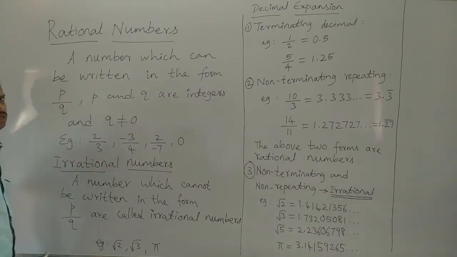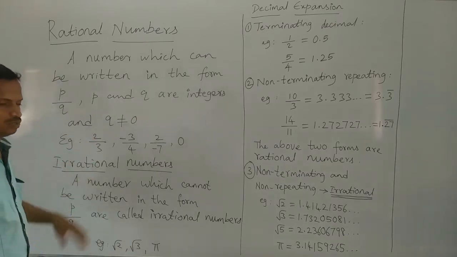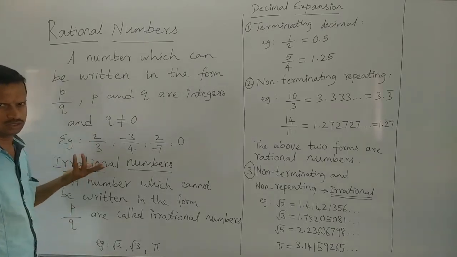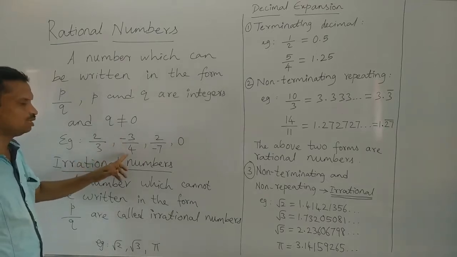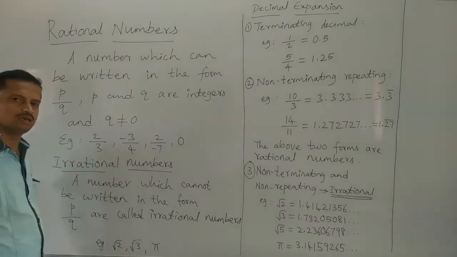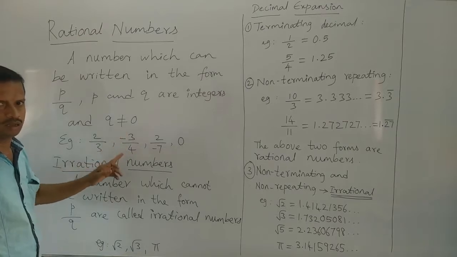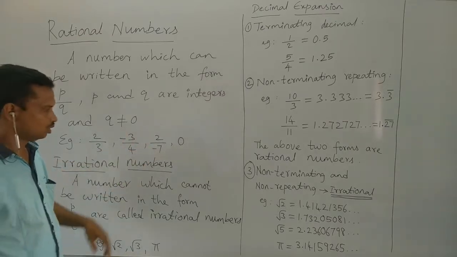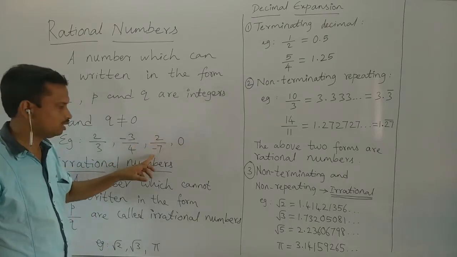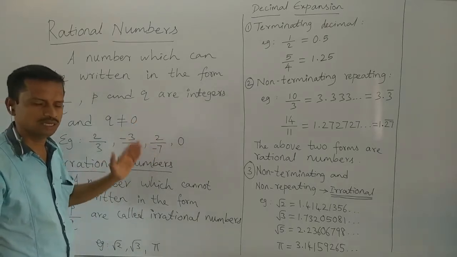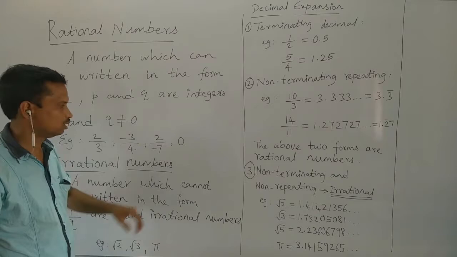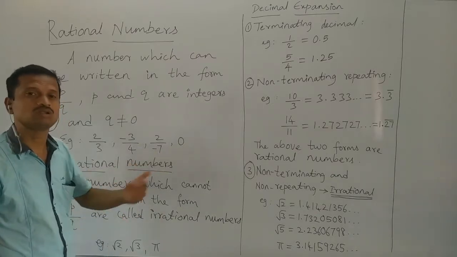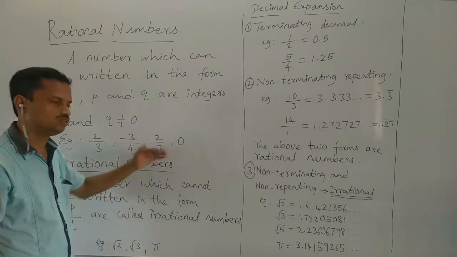Example, 2 by 3, integer by integer, so it is a rational number. Minus 3 by 4 is a rational number, negative in the numerator and positive in the denominator. 2 by minus 7, positive integer by negative integer. Anyhow, integer by integer, so it is a rational number. And 0 is also a rational number, that we will see later.